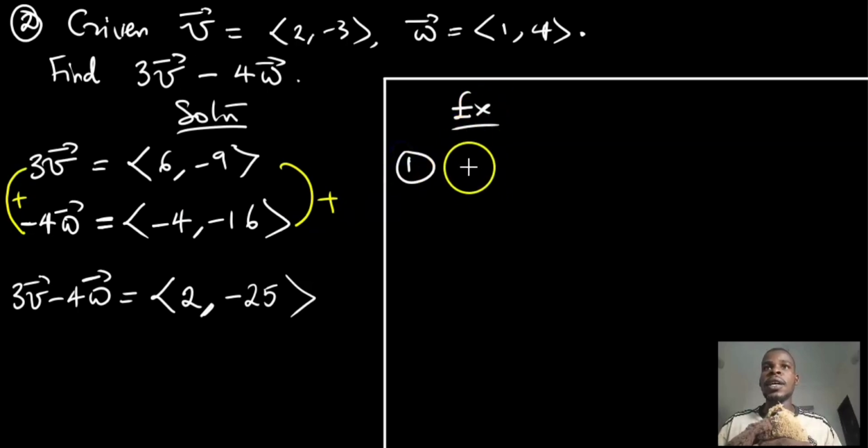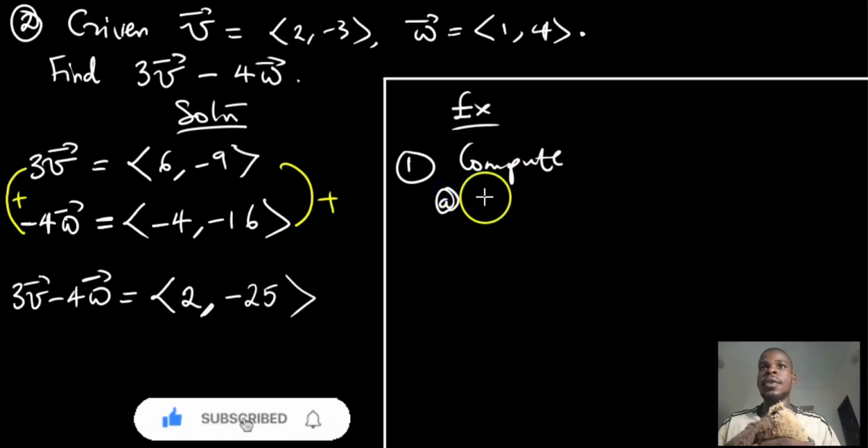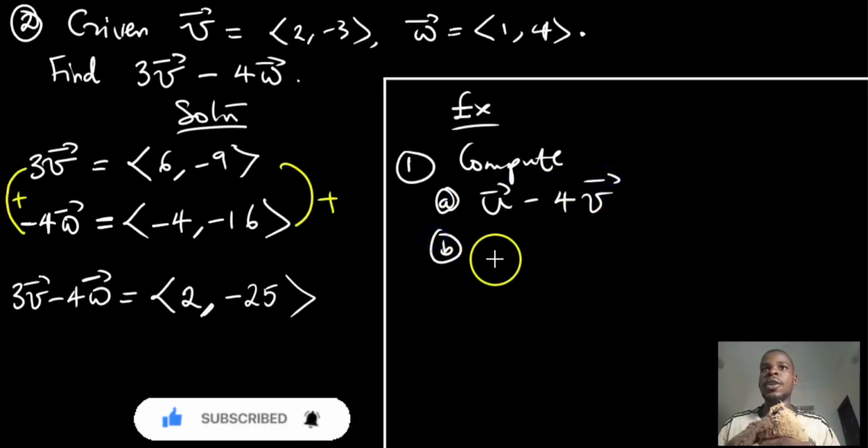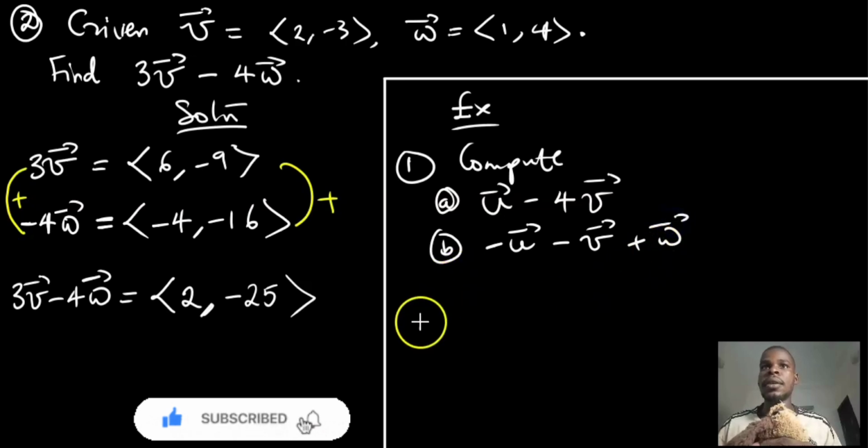For the first one, compute u minus 4v, and then compute negative u minus v plus w.